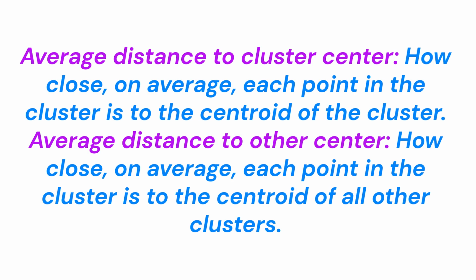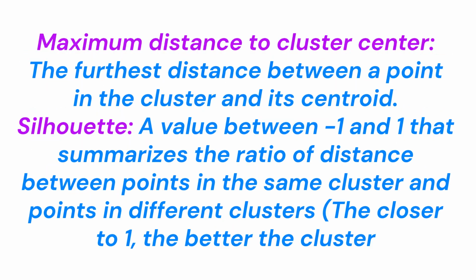There are multiple metrics that you can use to evaluate cluster separation, including average distance to cluster center, how close on average each point in the cluster is to the centroid of the cluster; average distance to other center, how close on average each point in the cluster is to the centroid of all other clusters; maximum distance to cluster center, the furthest distance between a point in the cluster and its centroid; and silhouette, a value between -1 and 1 that summarizes the ratio of distance between points in the same cluster and points in different clusters. The closer to 1, the better the cluster separation.